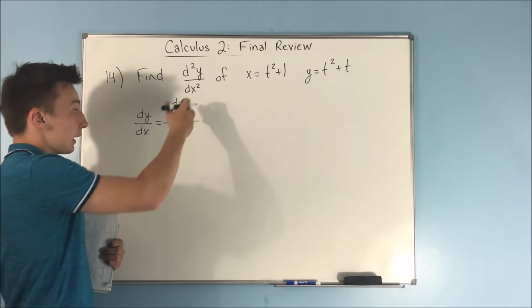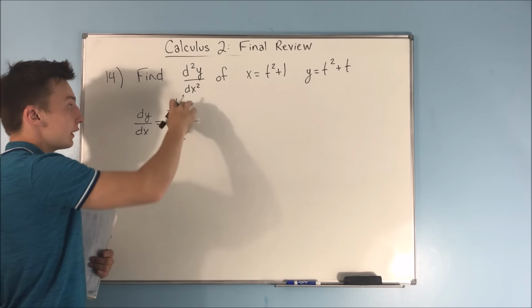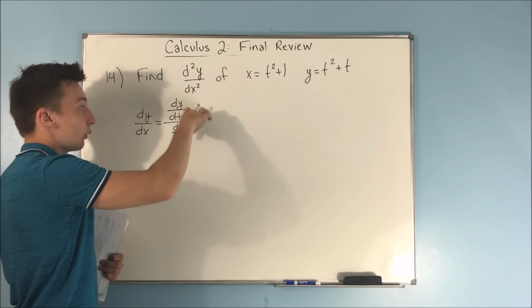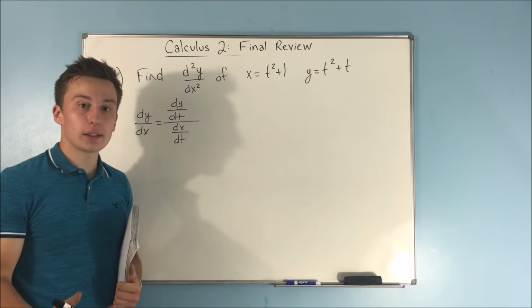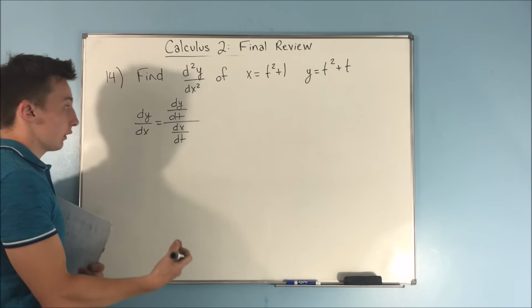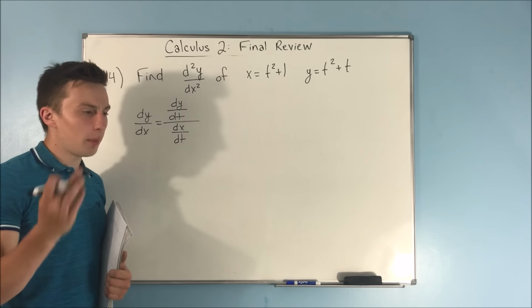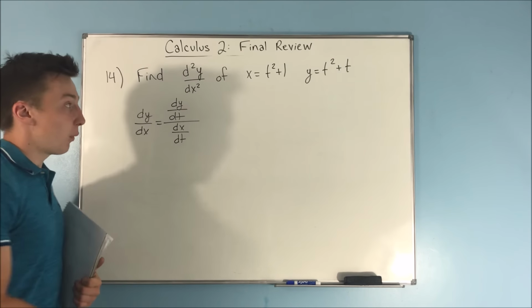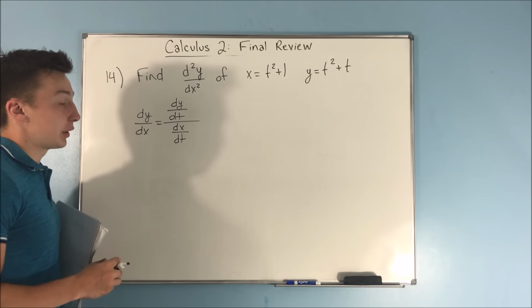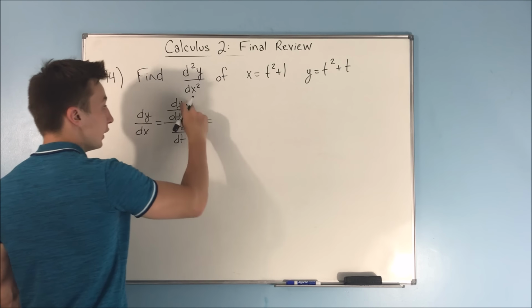You can easily set this up because if you flip this, you get dy over dt times dt over dx. Your dt's cancel off, and you're left with dy over dx. So it makes sense for this to happen. And you can see more about that in the explanation video that I did for derivatives with parametric.